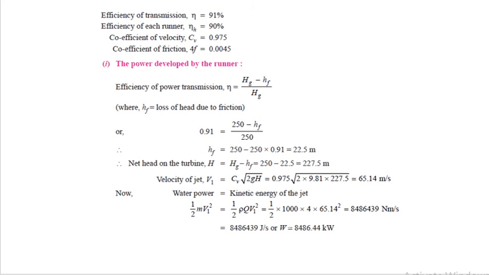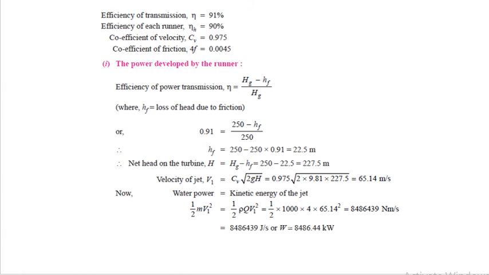Now you have hydraulic efficiency. You know hydraulic efficiency is runner power upon water power. What is water power? That is half m V1 squared, the kinetic energy of the water. In place of m we can write ρ into Q. ρ is 1000, Q is given, 4, and V1 squared you had calculated here, that is 65.14.